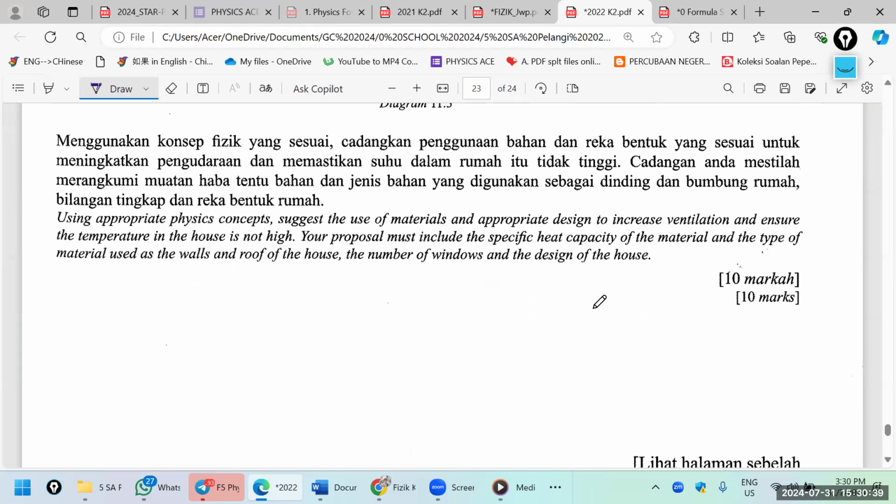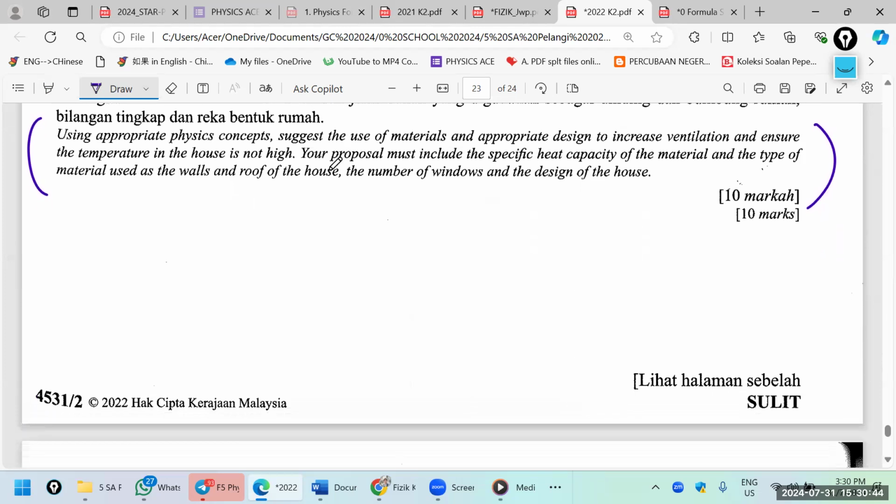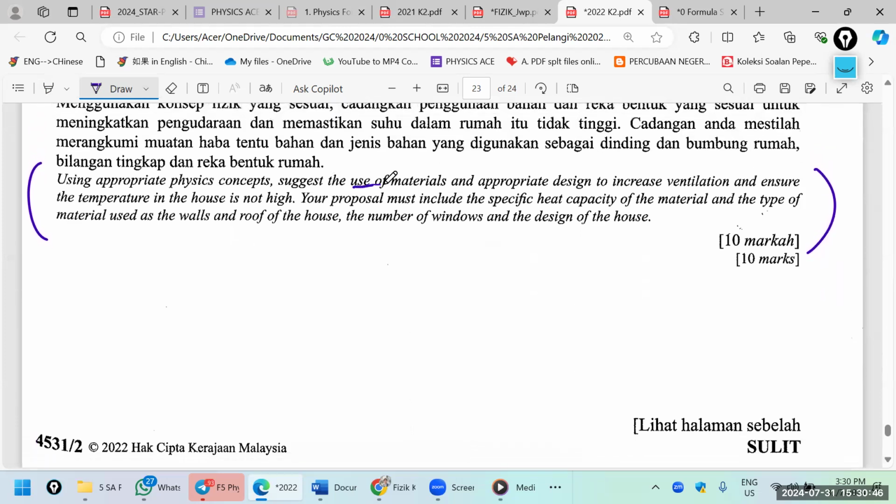So now, using appropriate physics concepts, such as the use of material and appropriate design to increase ventilation. What is ventilation? Airflow inside. Especially ventilation means hot air flows out: hot air rises, cold air sinks.